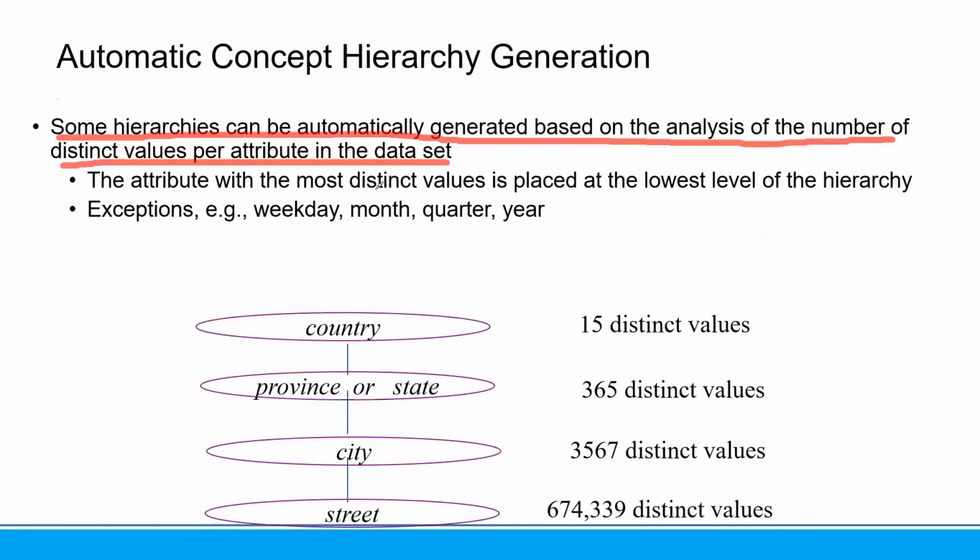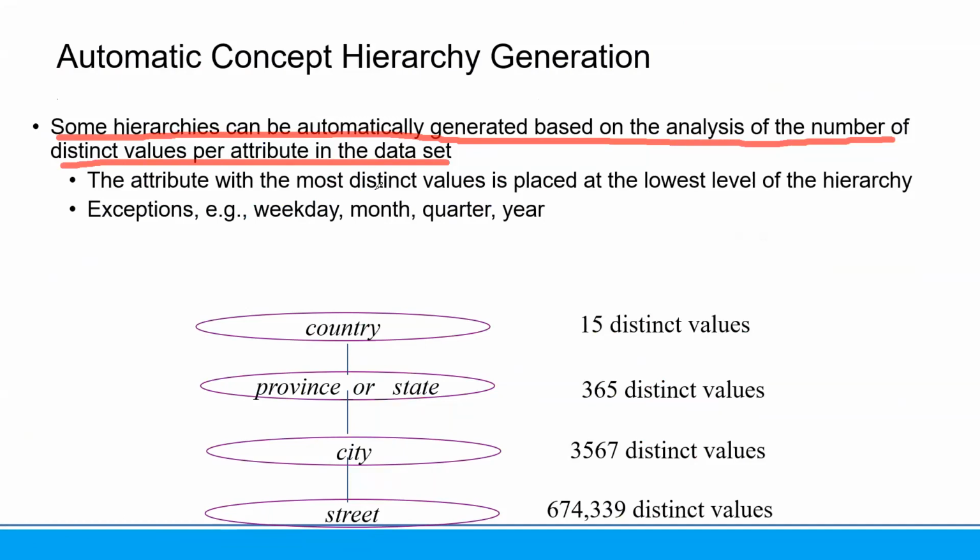So some hierarchies we can automatically generate like this one. Maybe at the country level, let's say in Asia, we have several countries, like Japan, China, Korea, India, Singapore, Malaysia, and so on. Let's say we have 15 countries. In those 15 countries, of course, they have provinces or states. So we have more distinct values there.